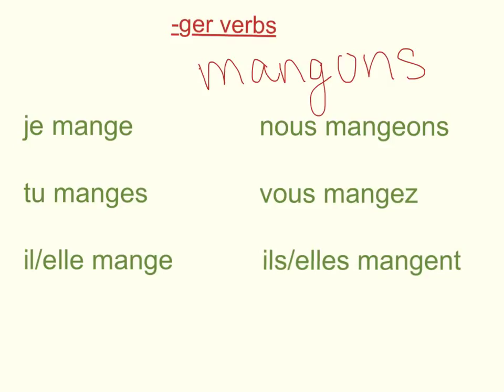So in order to keep that original sound, they add an E. So in the nous form for all GER verbs like nager and voyager, you're going to add an E before the O and S. Alrighty?